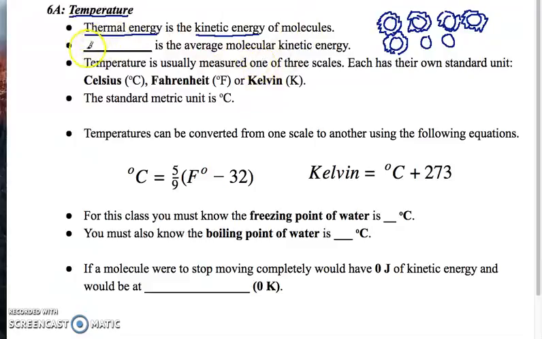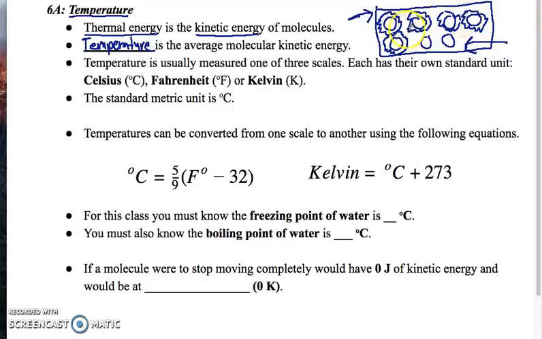And what temperature is, so temperature, that's the average molecular kinetic energy. So if you were to look at all the molecules in an object, some of them are going to be moving fast. Some of them, let's say over here, are moving pretty slowly.